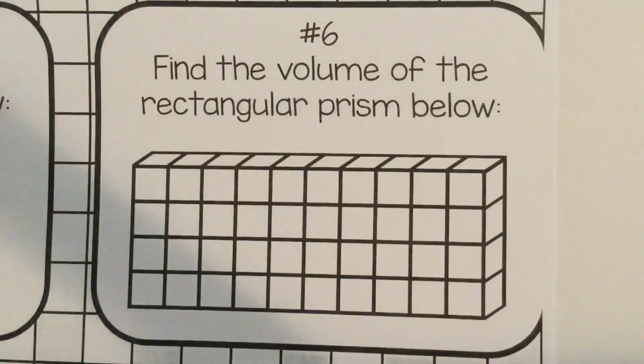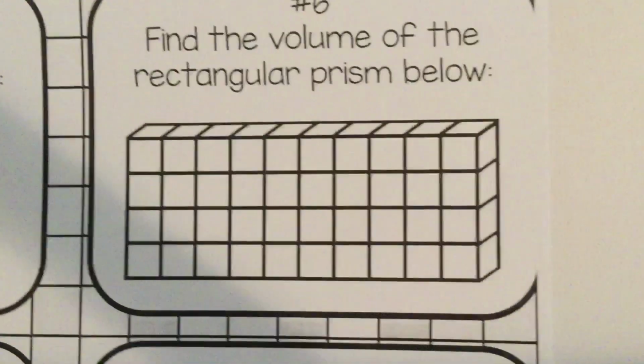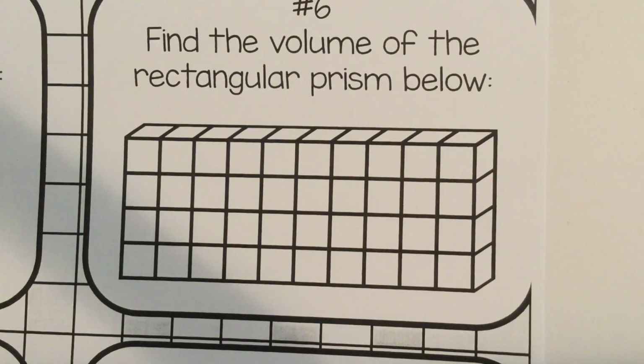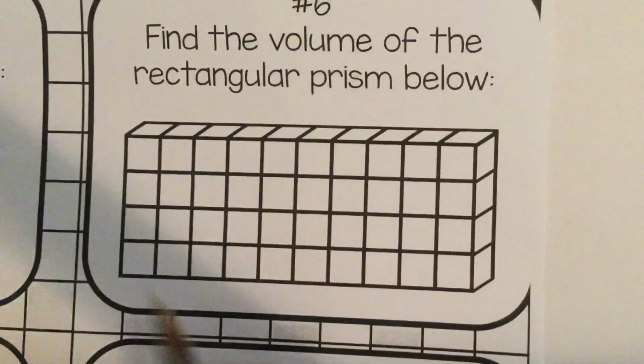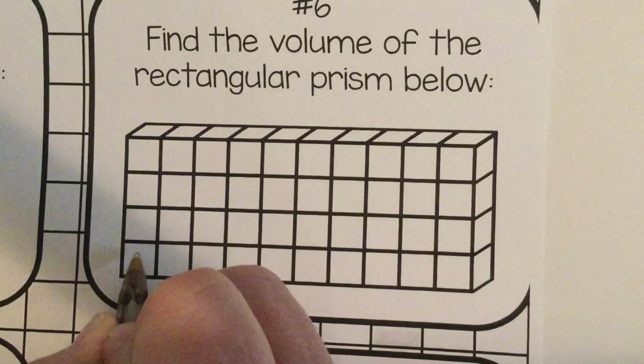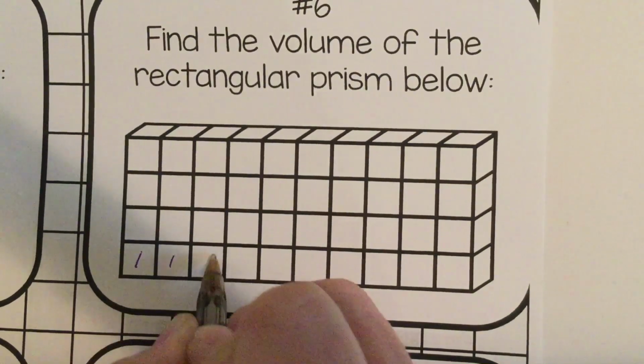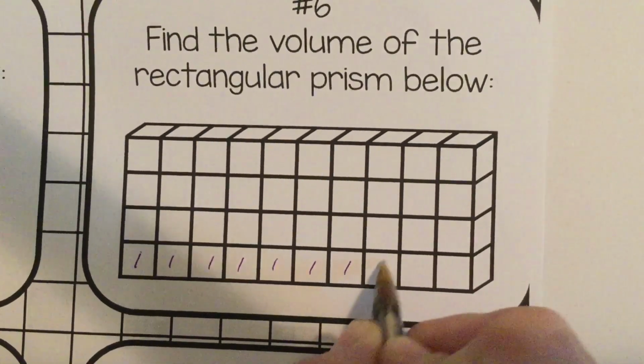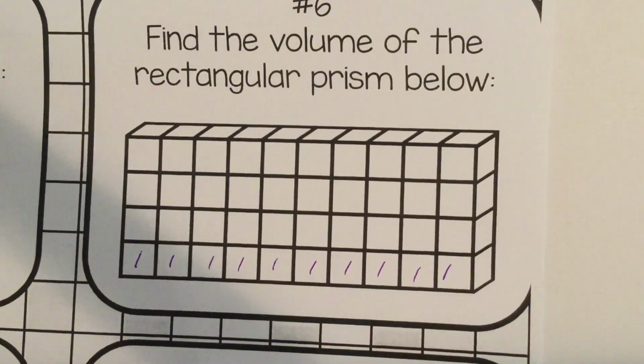Okay, so if I was to show you this, what would you say was the volume of this picture right here? Okay, so to find the volume, all you have to do on this one is count the faces. 1, 2, 3, 4, 5, 6, 7, 8, 9, 10 in one row.